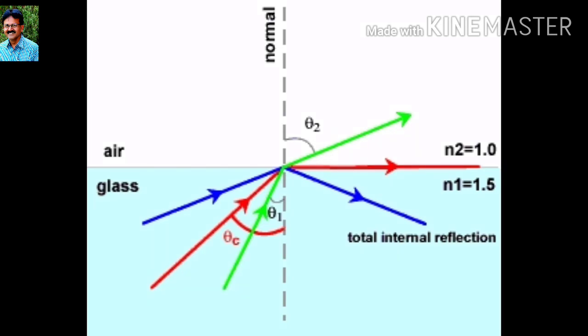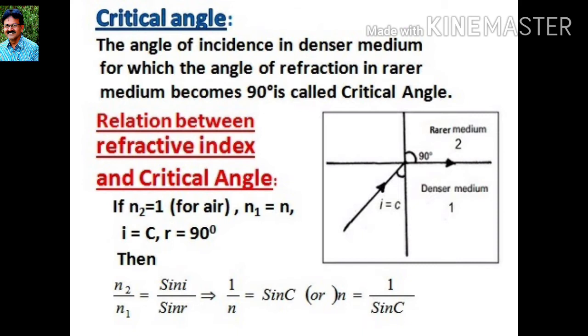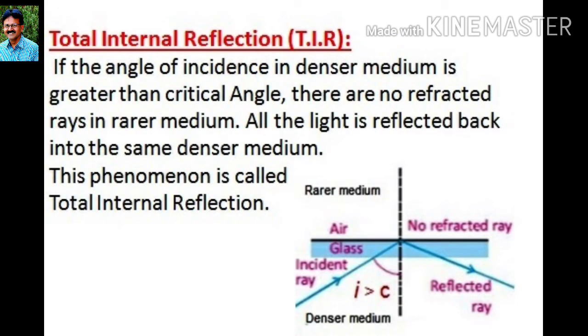Now, critical angle. The angle of incidence in the denser medium for which the angle of refraction in the rarer medium becomes 90 degrees is called the critical angle. The relation between critical angle and refractive index is n = 1/sin C. Now, total internal reflection.